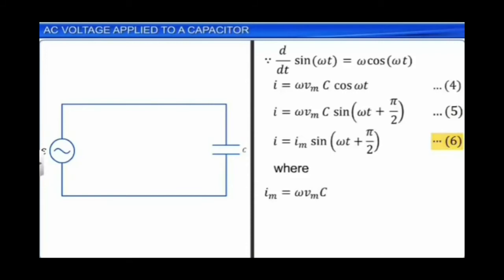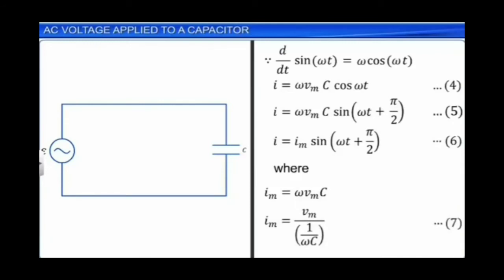And in that expression for Im, we can write it in the form Vm divided by 1/(ωC), that means ω and C are taken to the denominator. So it is of the form I = V/R.